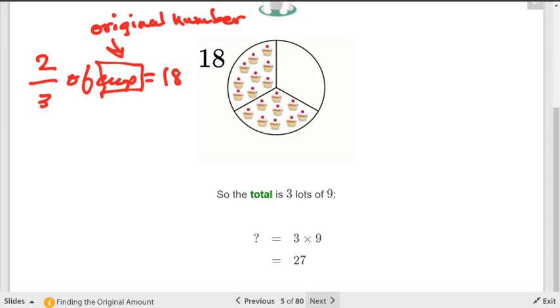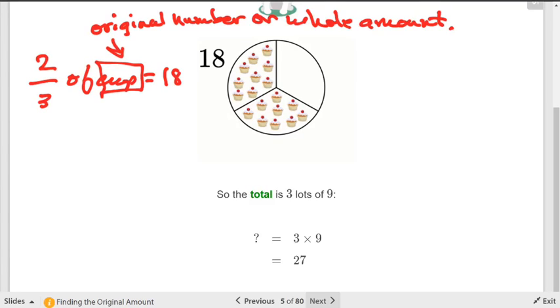In other words, that's the number that you're taking the fraction of. Okay? So we're missing the big number, right? In other words, the whole. Do you agree that the whole thing is 27? That's how many total cupcakes there were. And that's what we were missing. The original number or the whole amount. Either way you want to think about it, that'll make that work.